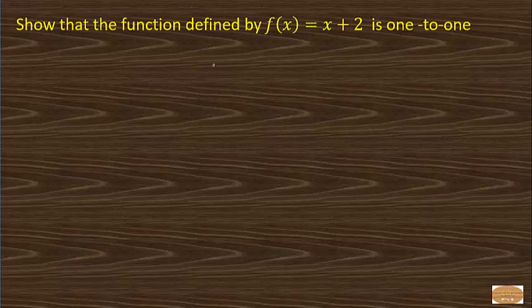So first of all, let's state our condition. For a function to be one-to-one, f of a must be equal to f of b. Good.